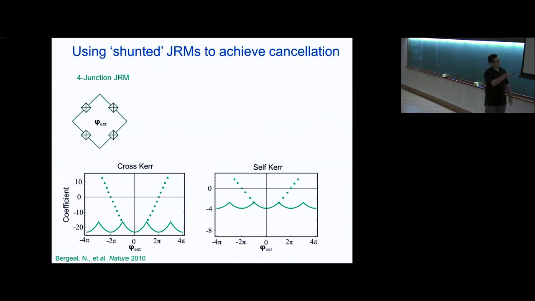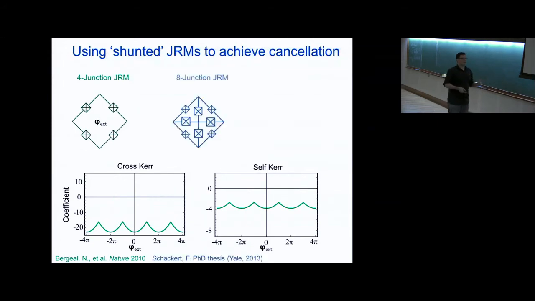So notionally, we would like to just move along this parabola here, and that would be a great place to sit. But because there are multiple energetic solutions for this ring, you start to climb, and then you switch to another flux configuration, and you never make it high enough up to get to this null point, nor do you over here in the self-Kerr. So basically, there is no hope in this simple ring of ever finding an operating point where there is no fourth-order term.